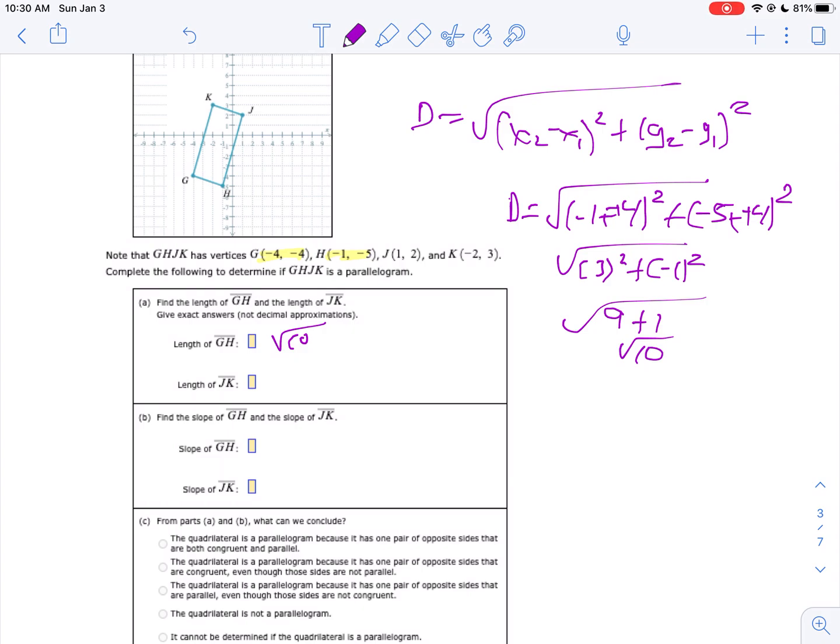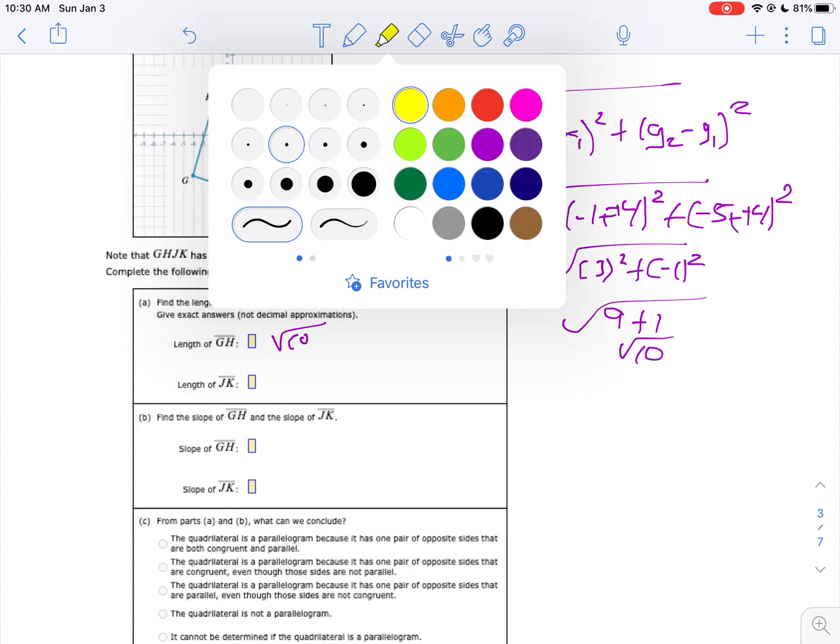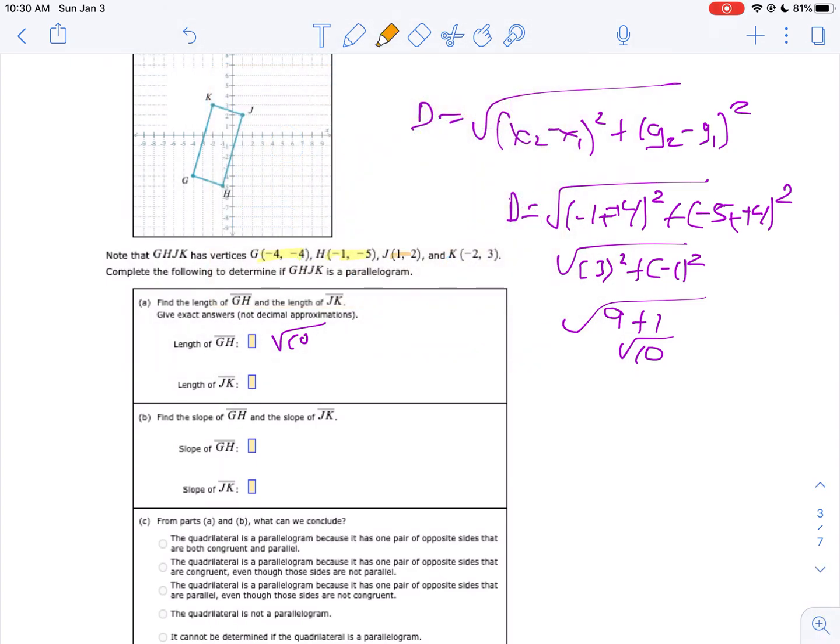Now let's do the same thing for J to K. Just change colors here, but we use the same formula.